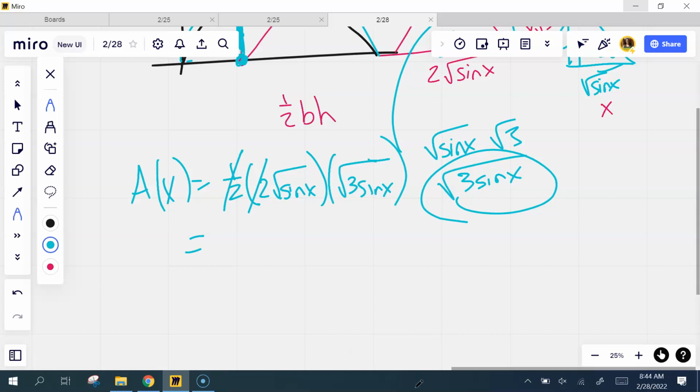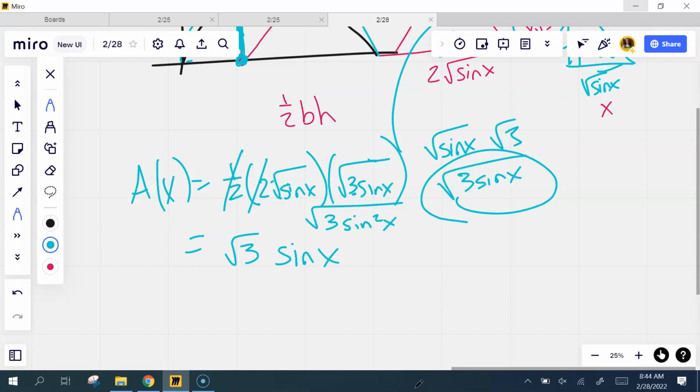The square roots cancel, except that the square root of 3 is still under there. So it's going to be square root of 3 times sine x. No, because they were under a radical to start with, so you could write it as 3 sine squared x.